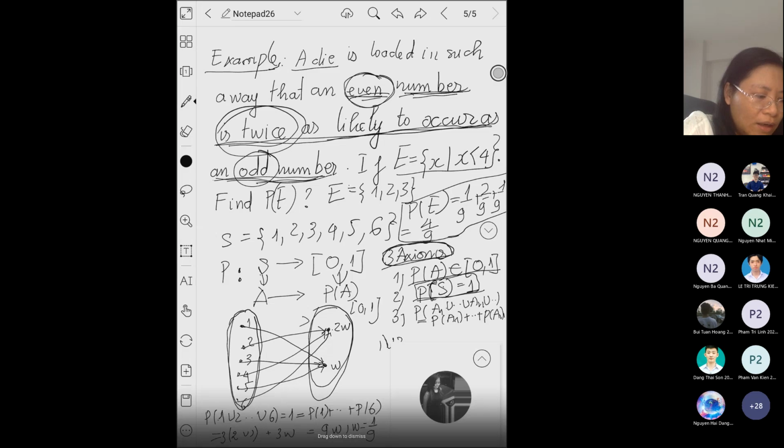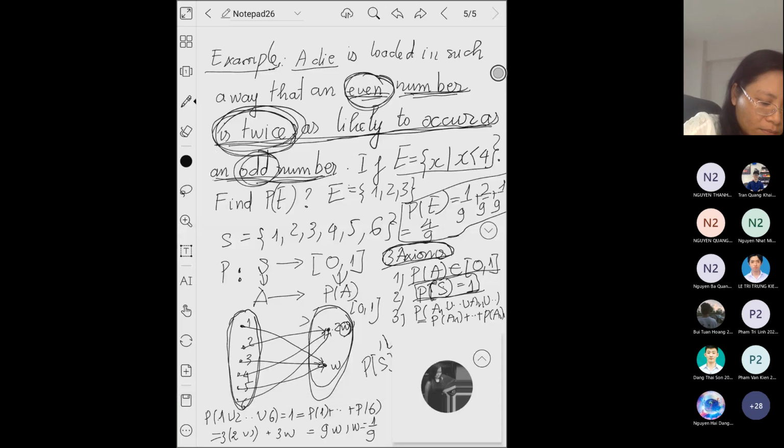However, the even is twice the odd. So we don't know W here. We only know that the probability of S equals 1.